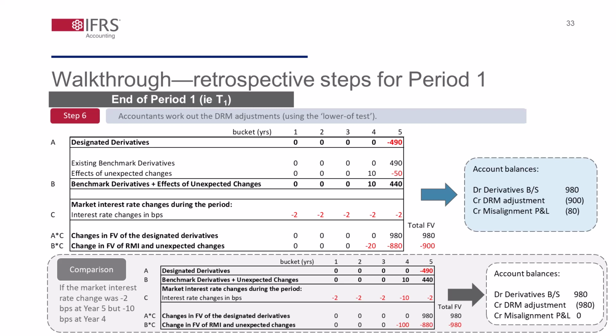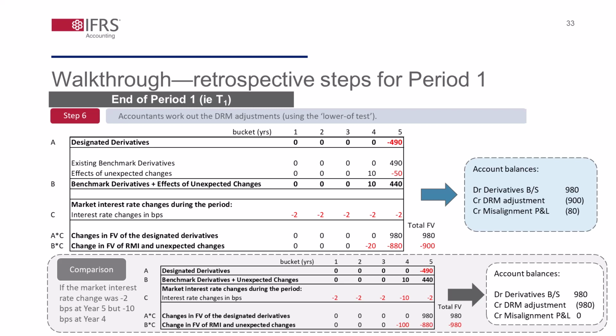For example, as illustrated in the gray box at the bottom, if the market interest rate change was -2 basis points at year 5 bucket, but -10 basis points at year 4 bucket, the fair value change would be 980 in currency unit for the designated derivatives and minus 980 in currency unit for the risk mitigation intention and unexpected changes. In that case, there will be no misalignment P&L, and the DRM adjustment will be a credit of 980 instead.